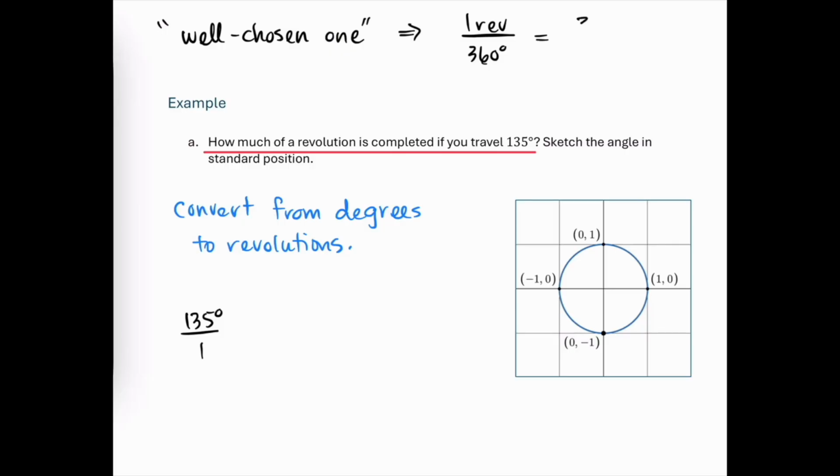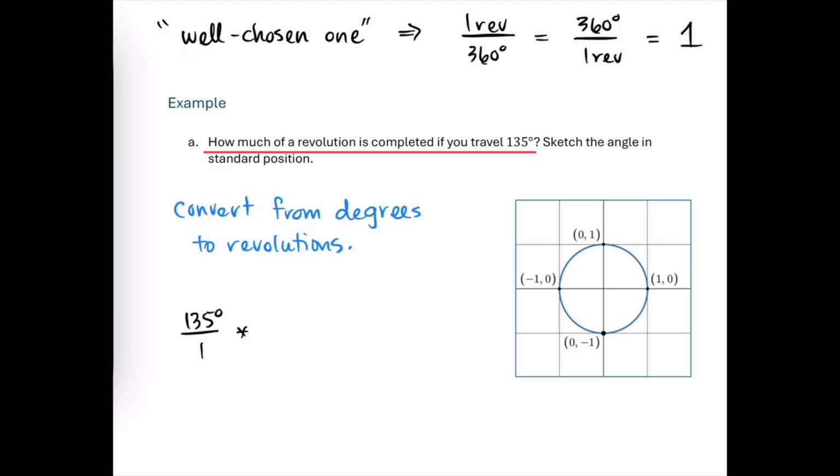But we also could multiply in the other direction, 360 degrees over 1 revolution. Again, both of these ratios are equivalent to 1. And we just need to select whichever one is appropriate that will enable us to convert out of our measure of degrees and into the measure of revolutions, which is what we've been asked to convert to. So we're going to multiply by one of these well-chosen ones.